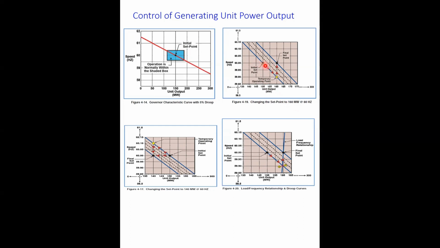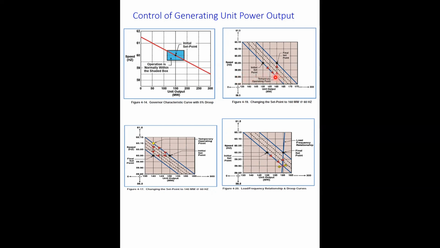So you have the direction of the movement, and it will change to 160 megawatt here. So remember that the correct change in the characteristic will always be along this line. So the operating point shifts from the initial point along the droop characteristic up to this one here. So here, this is the 160 megawatt, and temporarily the change in the frequency will be this value, 59.9.